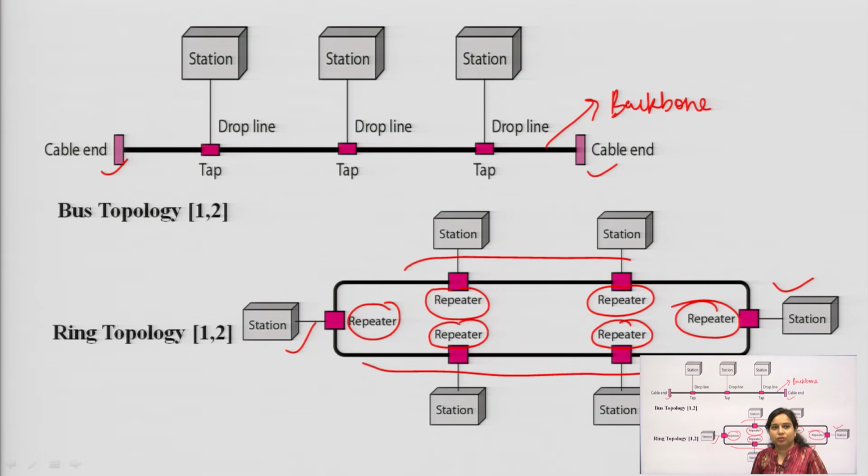So, there is a kind of security issue. From the security point of view, you can imagine that mesh topology is best, because a direct connection is set up between the transmitter and receiver.